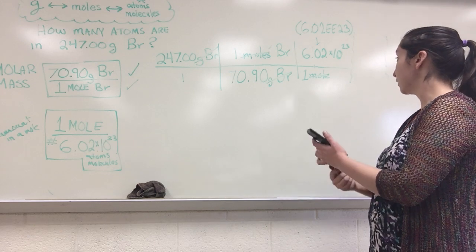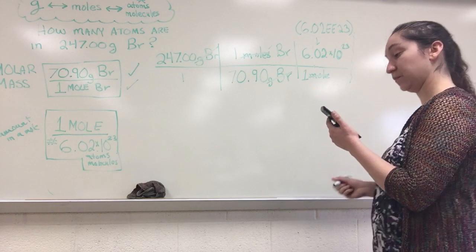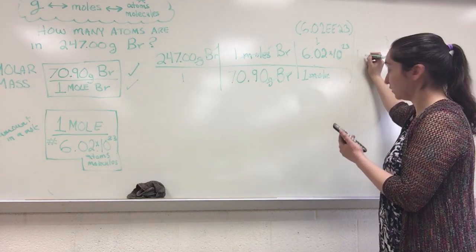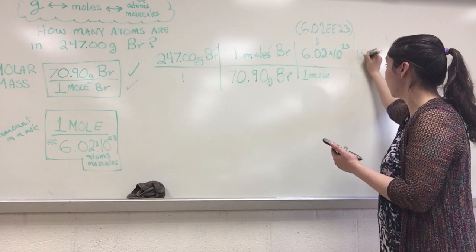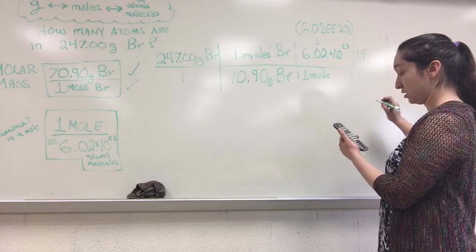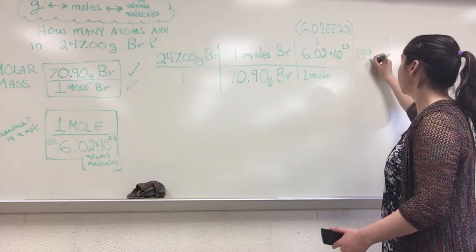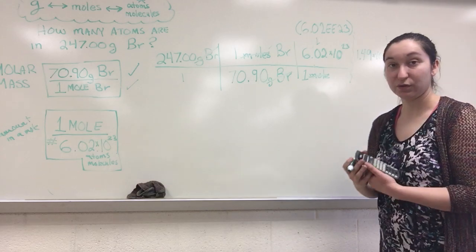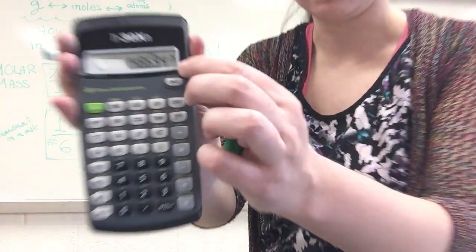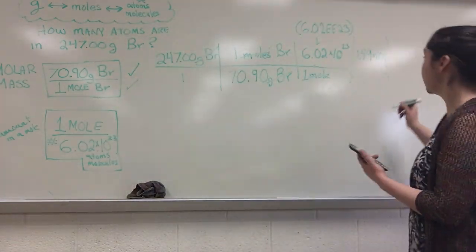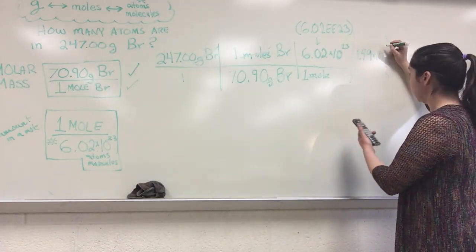Okay, so make sure I've got this right. My top number is going to look like this, 1.49, limited to 2 spaces after, times 10, and you have to remember on your calculator, it may not be uppercase, but for mine it is uppercase. That number is 10 to the 26.